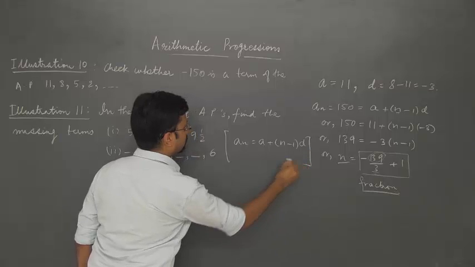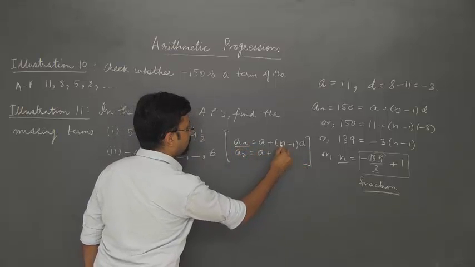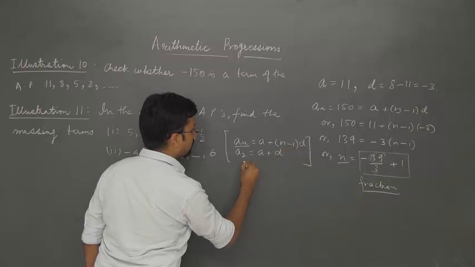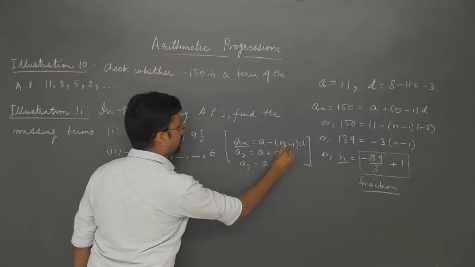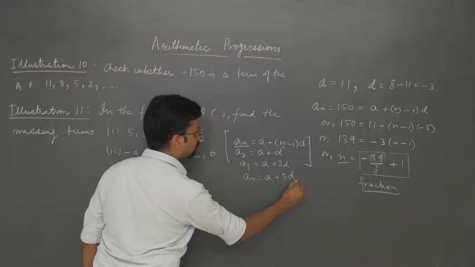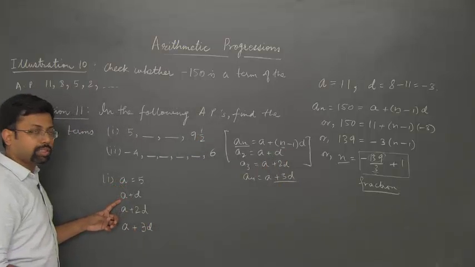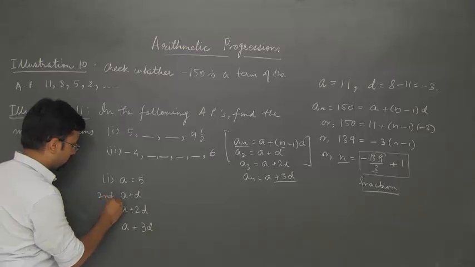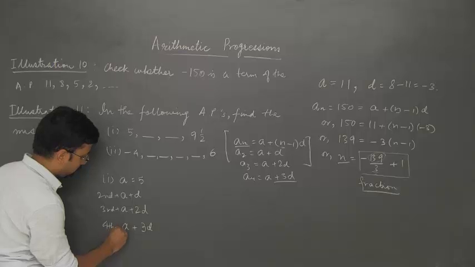So a2 would be a plus (2 minus 1) into d, a3 would be a plus 2d, you have to substitute n as 3 here, and a4 would be a plus 3d. So from here we get this. A is 5, the second term would be this, the third term would be this, and the fourth term would be this.